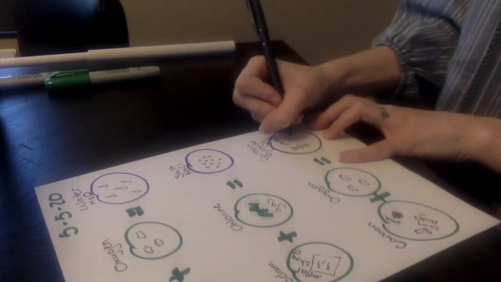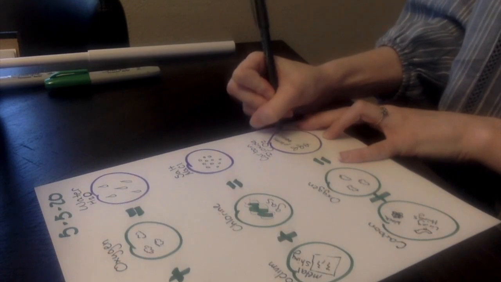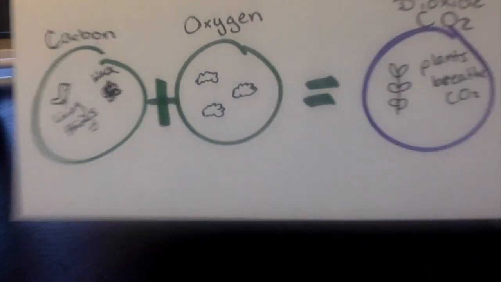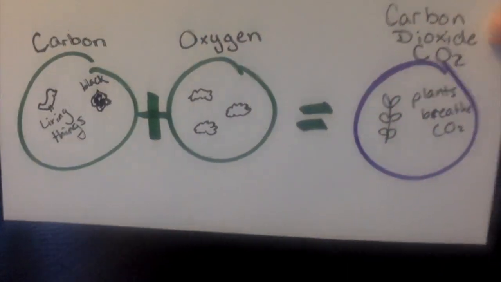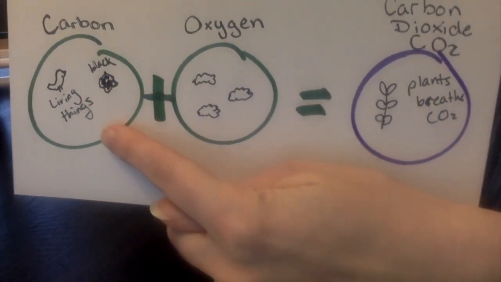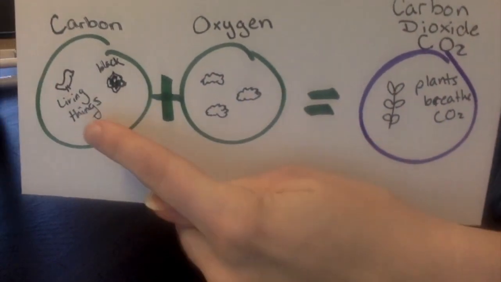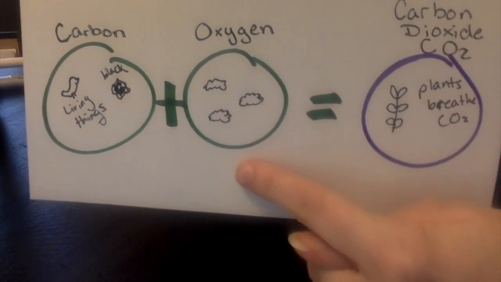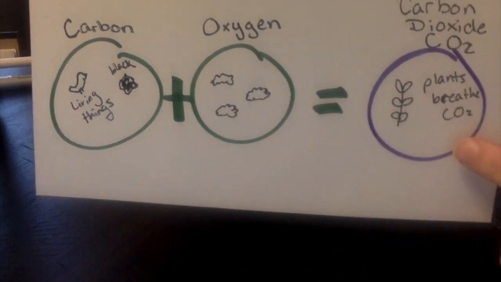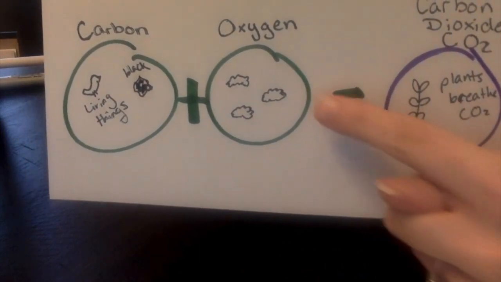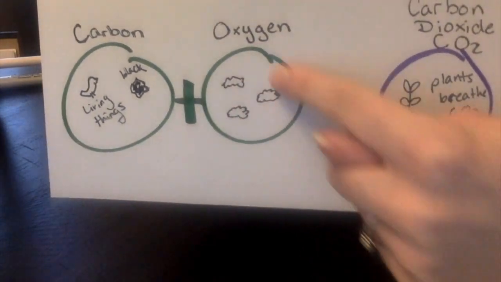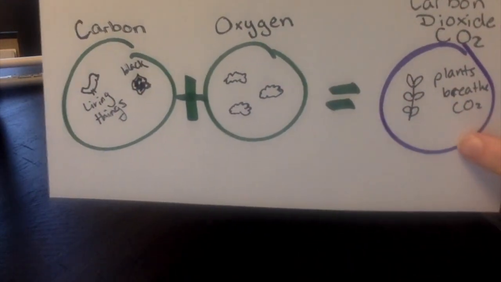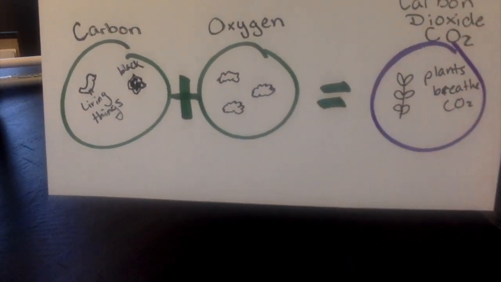Plants breathe carbon dioxide. For people, it's actually really bad to breathe it. So you can see the things that we put together to make carbon dioxide is carbon and oxygen. And what we made was something that's good for plants to breathe, but not good for people. We turned the oxygen into something new that's not good for us.